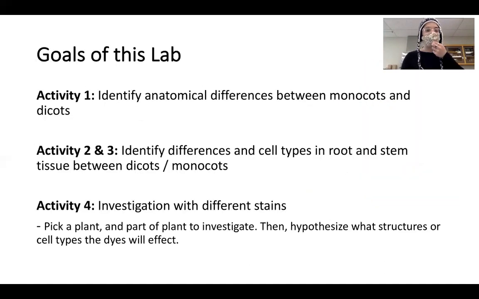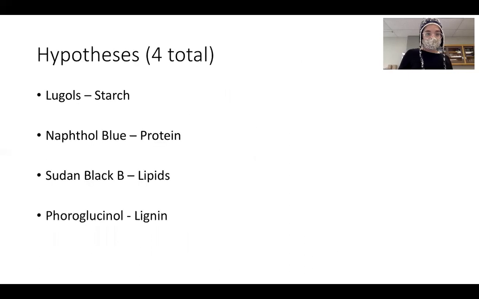Okay, and then the last activity, after you do all of that, you're going to do a short investigation with different stains. So we have about 4 different stains in the lab, which are listed here. We have 4 different dyes that will dye 4 different things in plants.